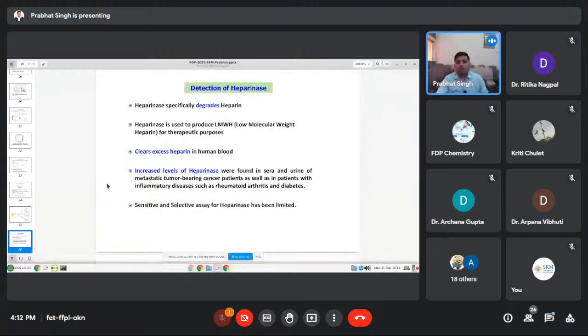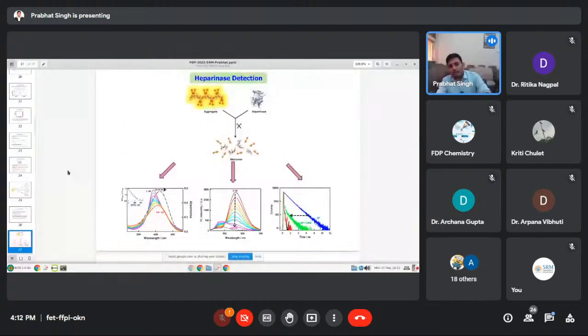When we looked at the literature at that point of time, we found limited reports of a sensitive and selective assay for heparinase. So the idea was something like this. Since this is a dye heparin complex and heparinase is an enzyme, it is going to cleave its backbone like anything. Once these are put into smaller fragments, the charge density is not there.